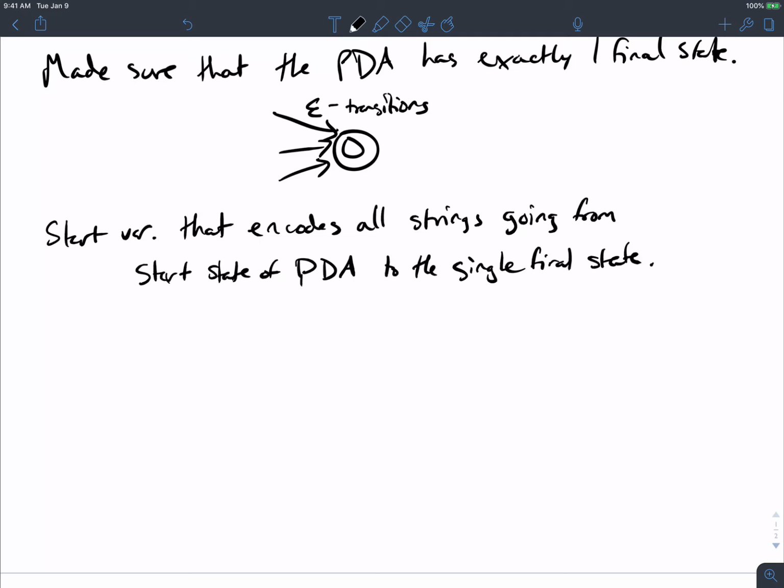But the problem is a lot of PDAs have at least two states. So it's not the simple case where we just have a single start state that goes over to a single final state. We usually have something a lot more complicated.